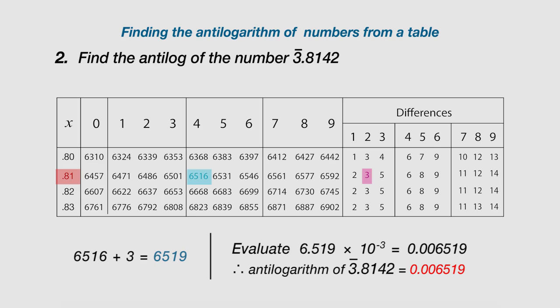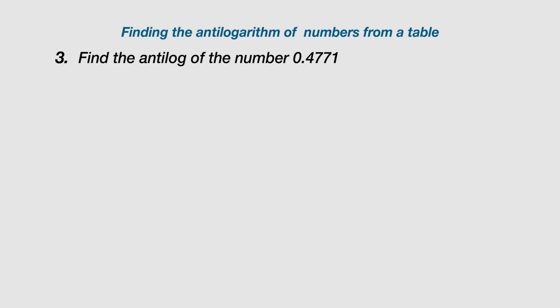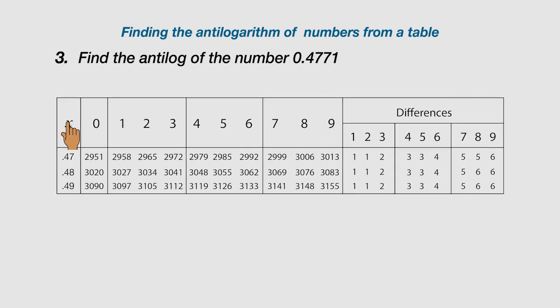The next example says, find the antilog of the number 0.4771. So again, we look for 0.47 under X in your table. Then we run our finger along that horizontally to the column headed 7. Now here, the number we have is 2999.